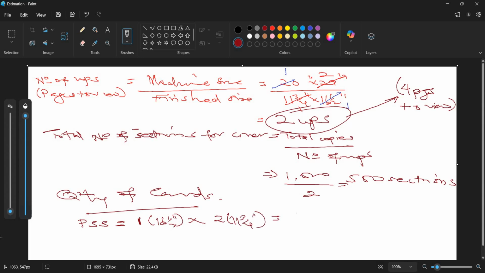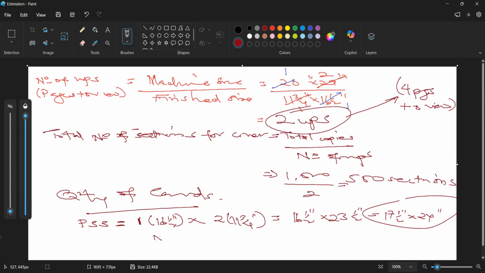Then you get our PSS as 16.5 by 23.5. Then you add our trim margins and you get 17.5 by 24. We get it, and then it reads the same as PSS for cover.